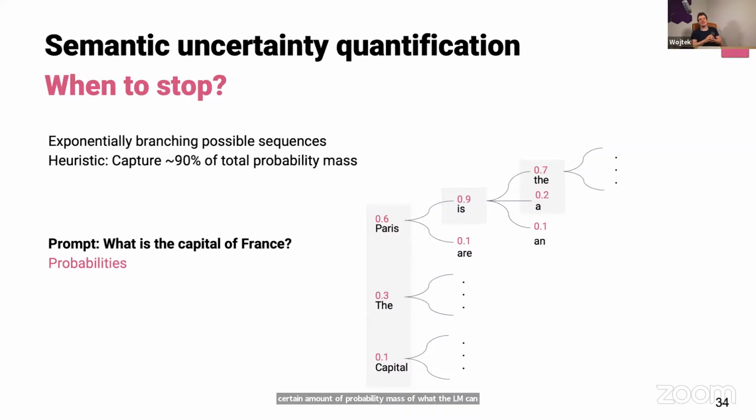A heuristic is going for 90% of that, but of course this is something we'll have to adjust based on the length of the answer and the amount of compute we have. And keep in mind that this is really an exponential increase, because for every additional token in the answer, we're multiplying the possible number of trees by however many different outputs we allow. So that's really quite a lot. And this is what we get.